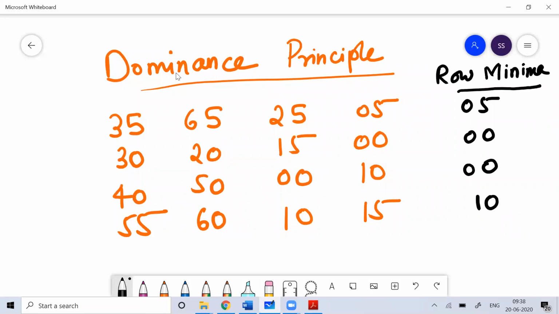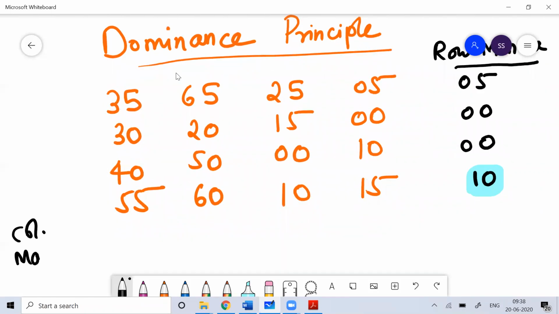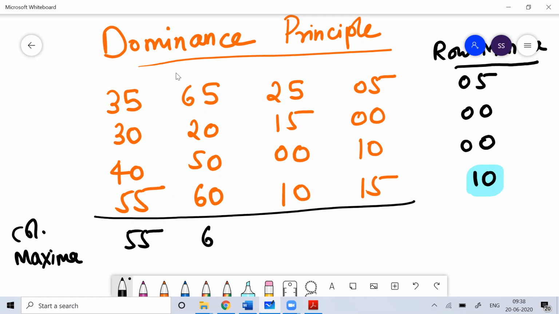Find the largest element of the row minima, and that is 10. Then you'll find the column maxima. The column maxima here is 55, and here the column maxima is 65.